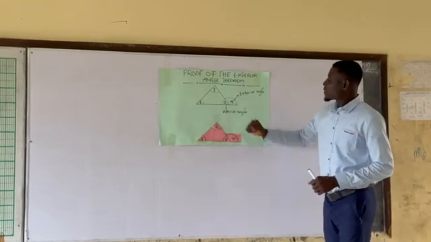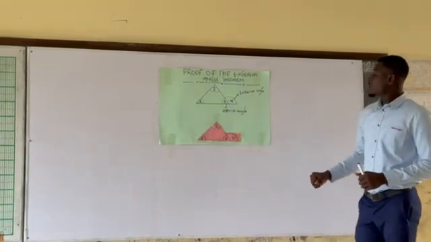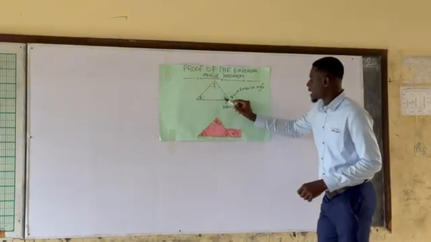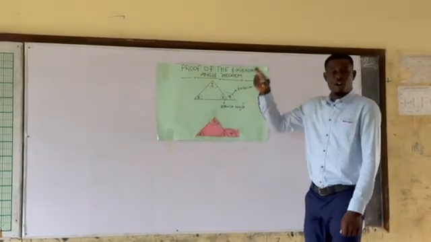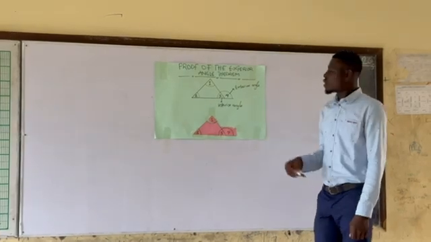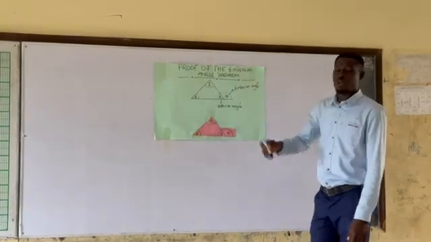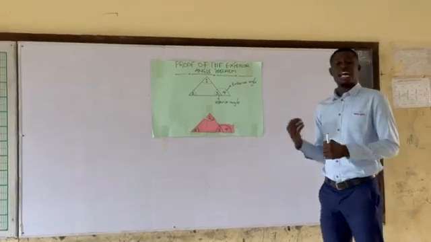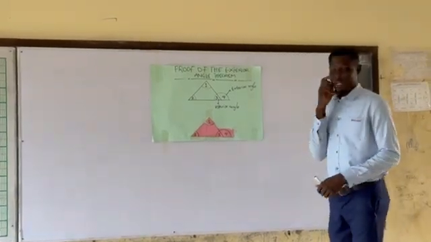Looking at the angles formed in the triangle, you can see that angle 1, angle 2, and angle 3 are angles which are formed within the triangle. So these three angles are what we call the interior angles of the triangle, because they are formed inside the triangle.